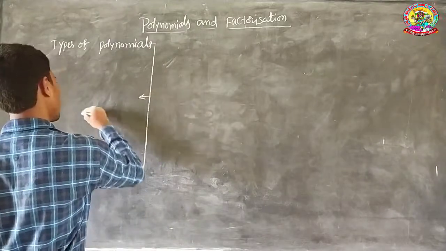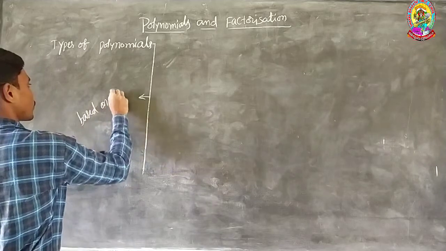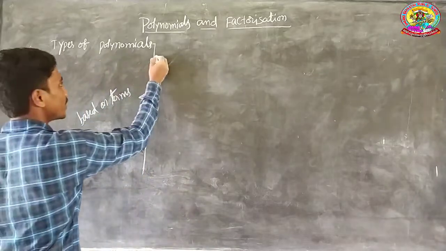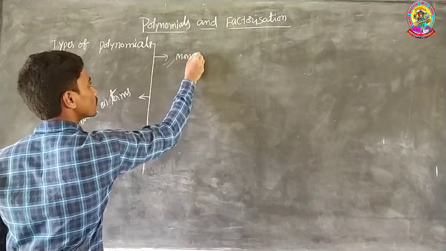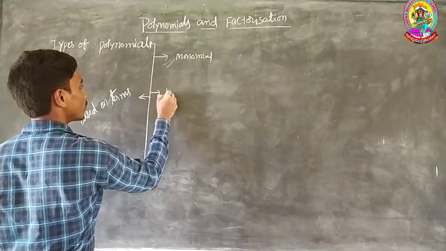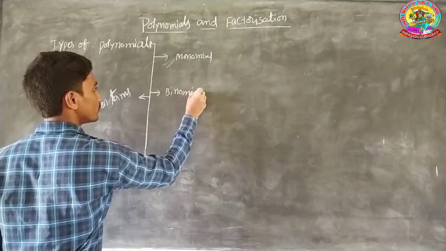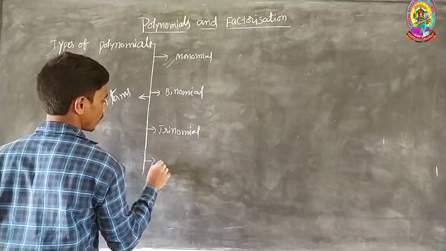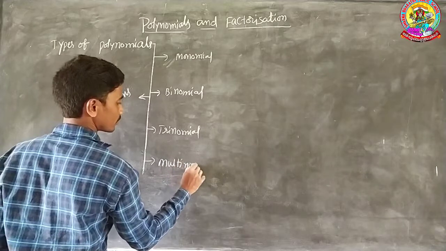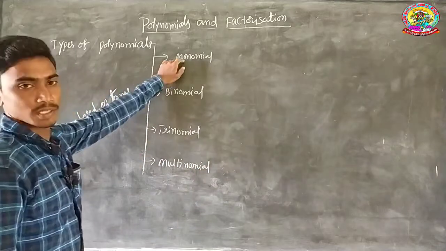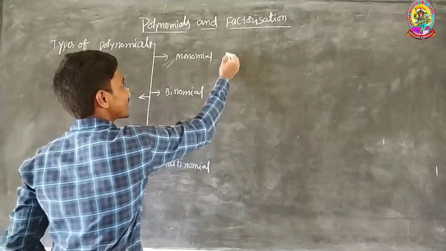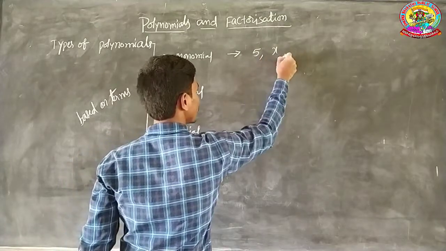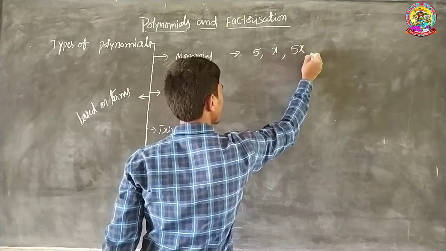Based on terms, the polynomials are divided into monomial, binomial, trinomial, and multinomial. A monomial is a polynomial consisting of only one term, which may be a constant term, a variable term, or a combination of constant and variable.